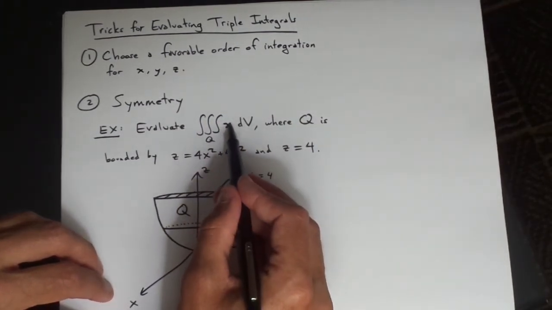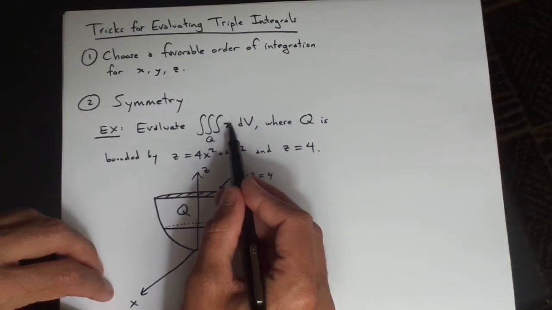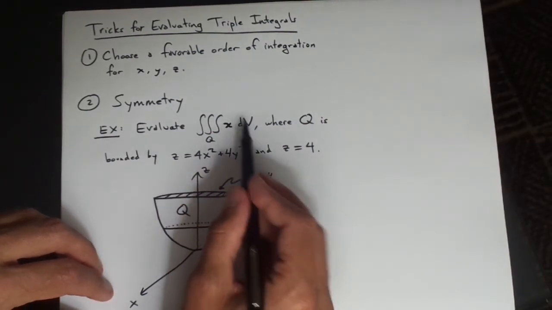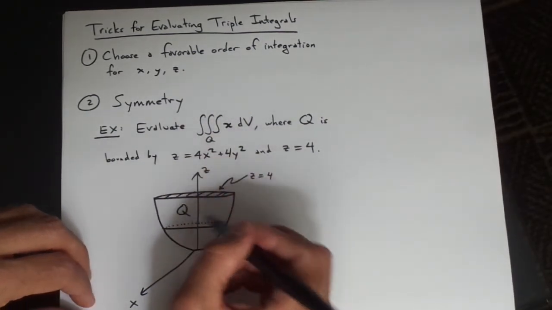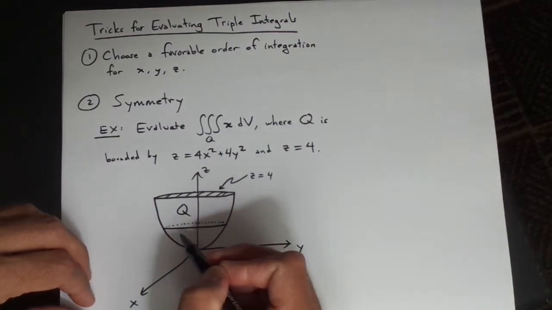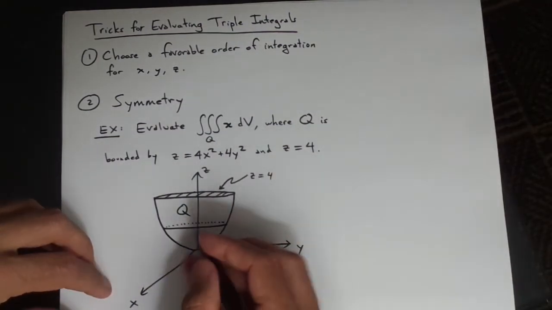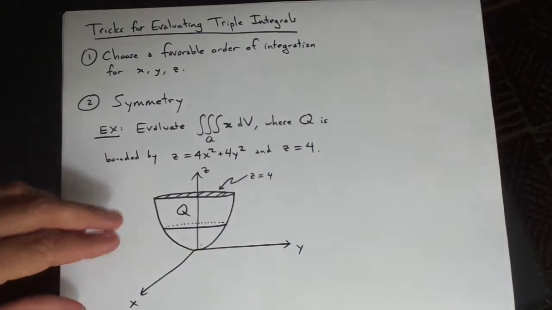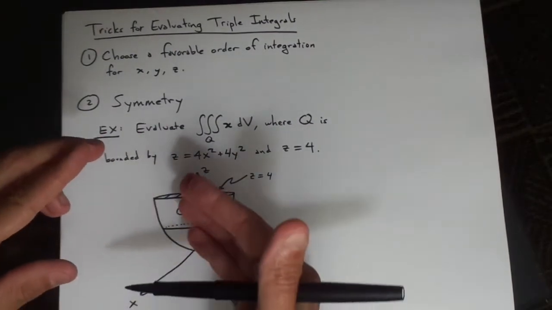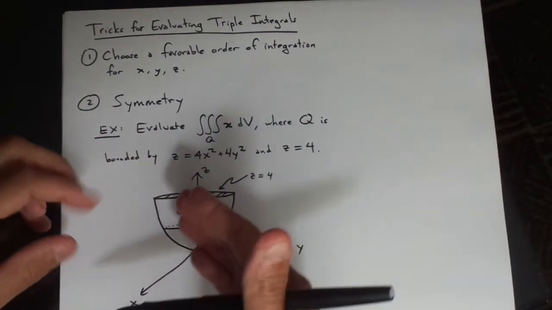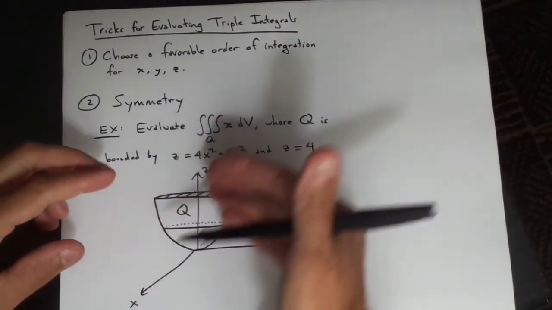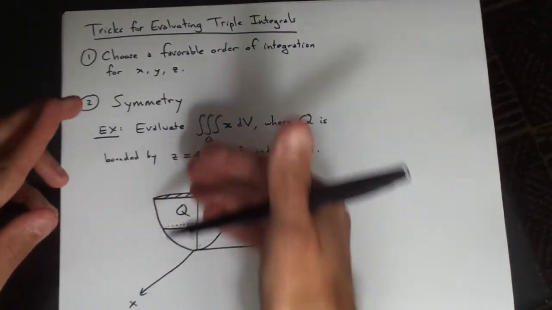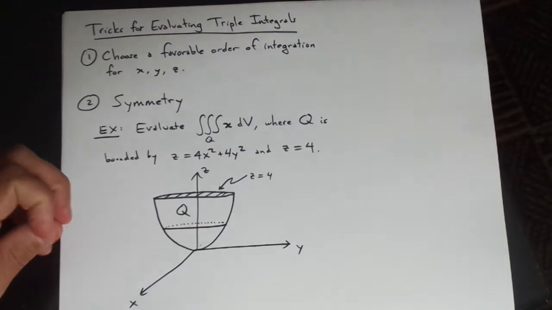So you're looking at the variable x, and you're adding up what x contributes to this triple integral throughout this whole solid. The point is that x spends just as much time being positive as it does being negative, and they contribute the same amount if you cover the whole region Q.